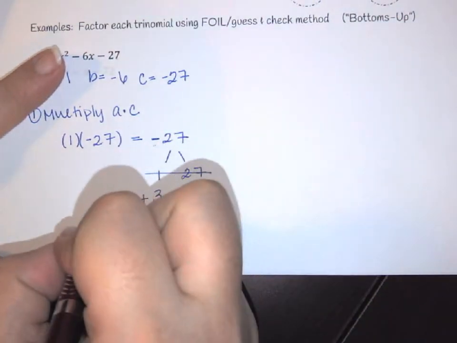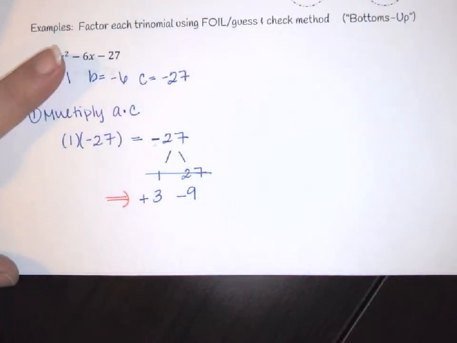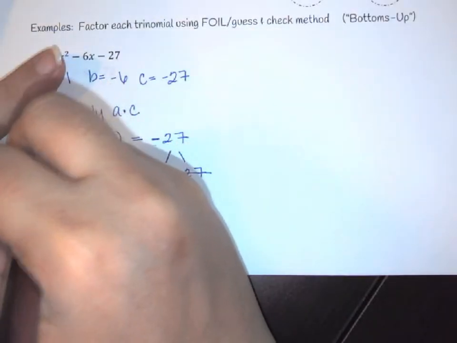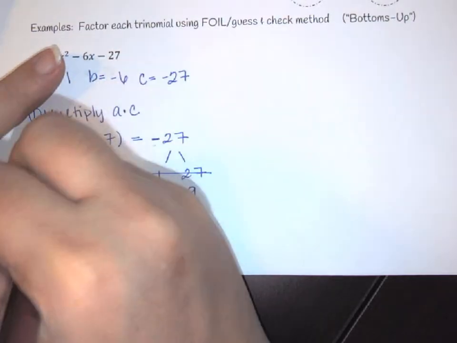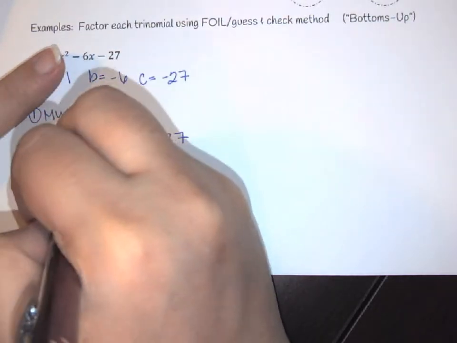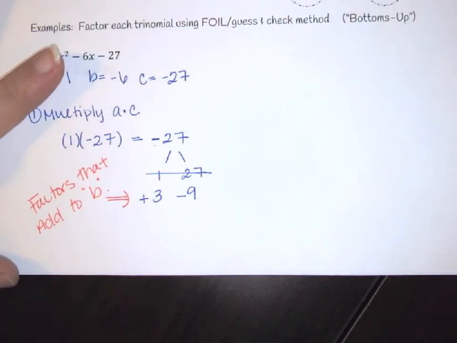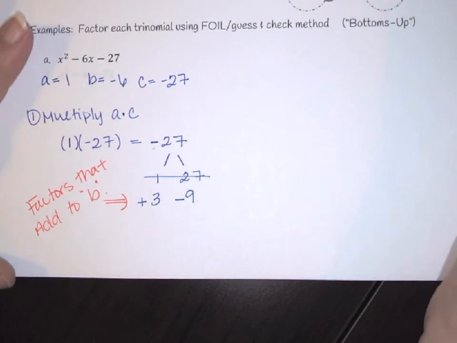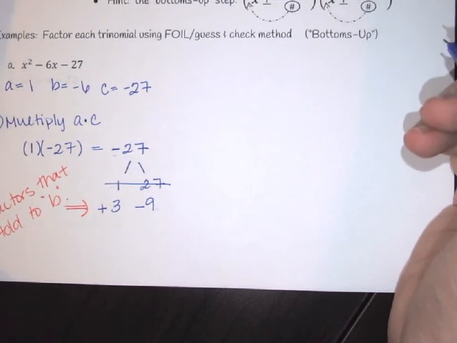So this part right here is my factors that add to your B term. Okay, that's that step. So those are the factors that added to B. So the next step said that you need to actually create your factors.